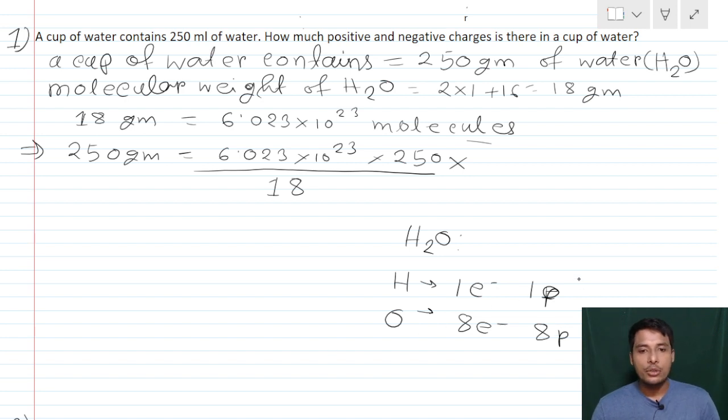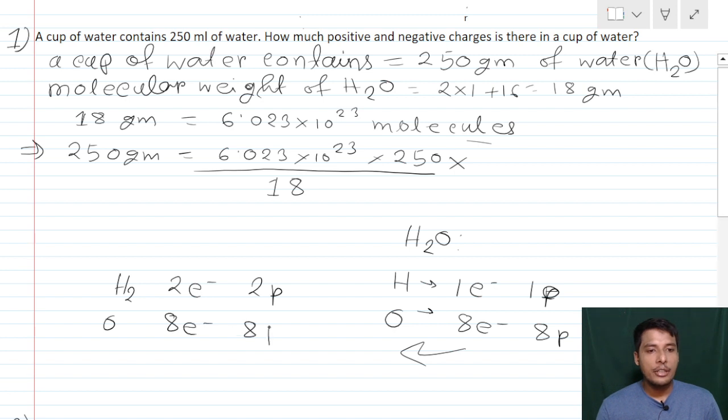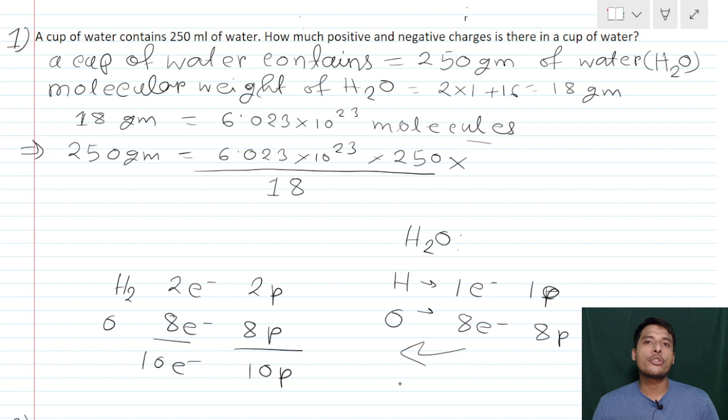For H2O, we have to write H2 and O, that is 2 electrons and 2 protons and 8 electrons and 8 protons. So if I just take it, 10 electrons and 10 protons, the charges are given as electron and proton.